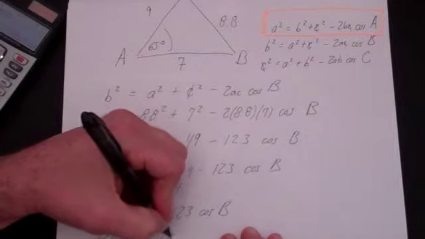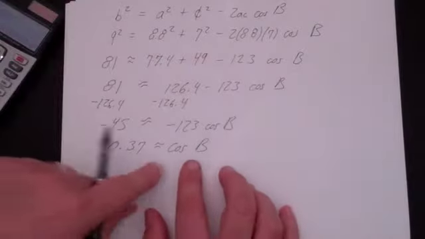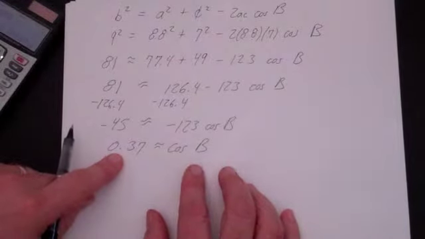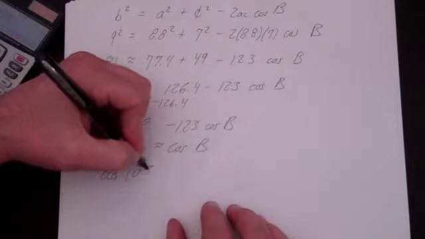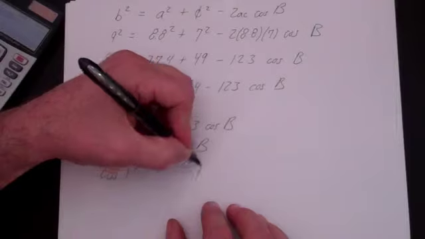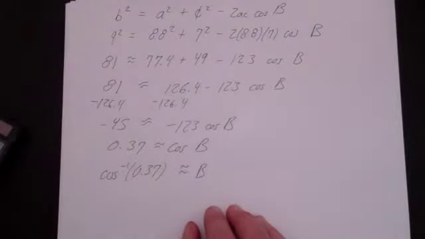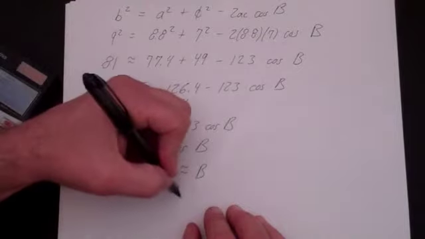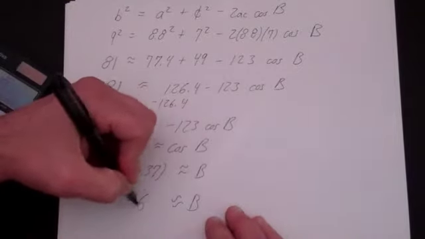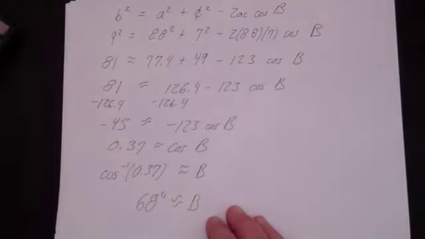It's equal to cosine B. Now at that point, I have cosine B is equal to 0.37. So what I'm going to do is go cosine inverse. Cosine inverse of 0.37 will give me B. It'll be an approximation. That's going to give me roughly 68 degrees. And that's how you solve for angle B.